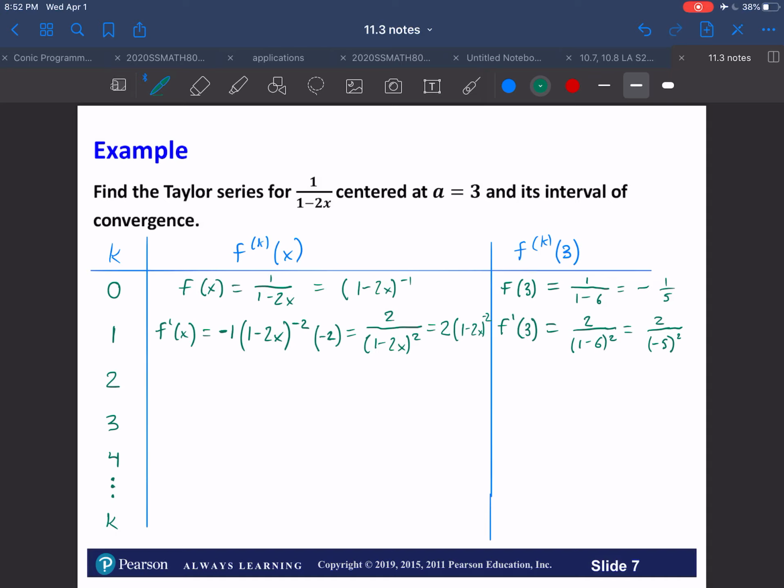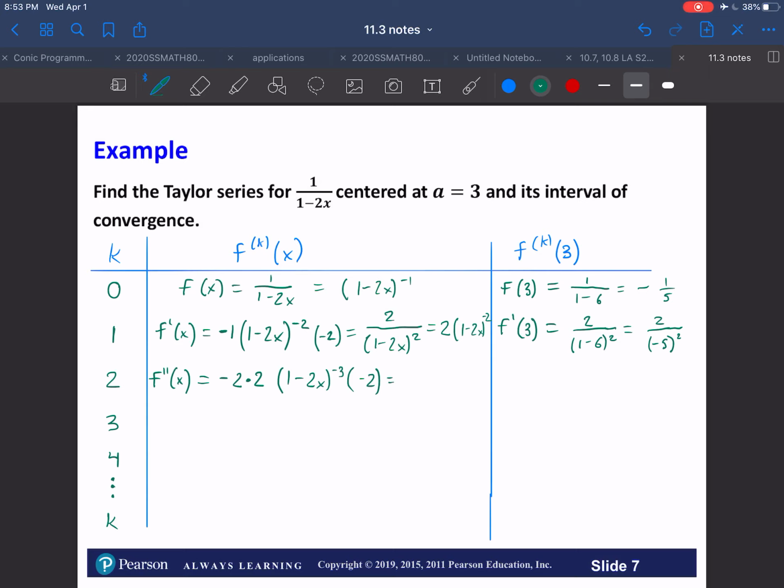Alright, so for the second one, if we are taking the second derivative, we are going to look at this guy to take its derivative. And if we take the derivative of that, we bring that 2 out front. And so we can write this as negative 2 times 2, once again not simplifying, times 1 minus 2x to the negative 3 power times the derivative of the inside, which is negative 2.